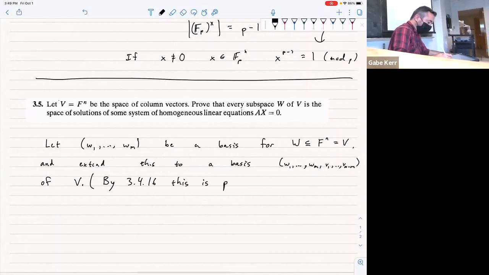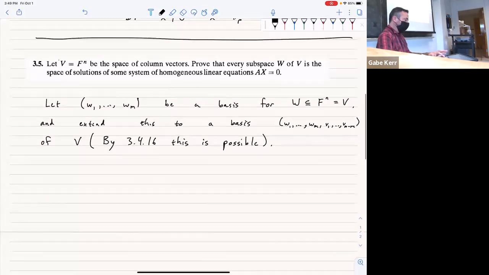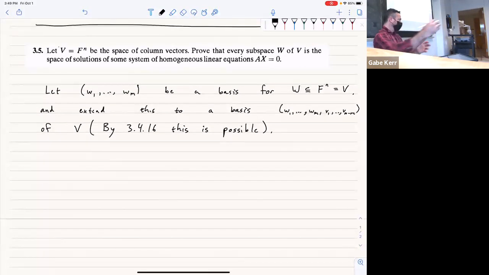That proposition is an important one if you're going to do more work with vector spaces. Okay, so let's say we have this setup.